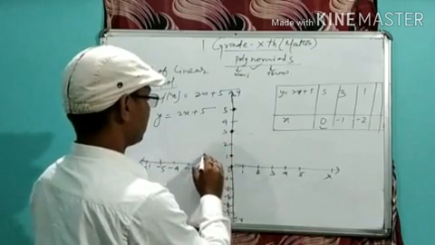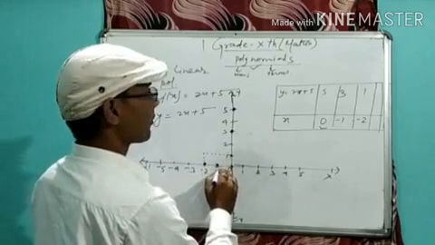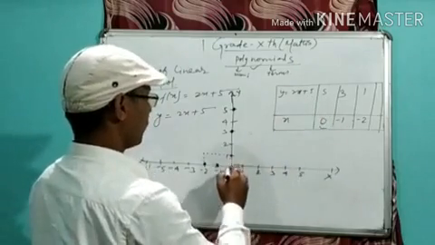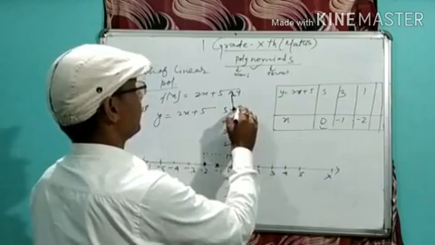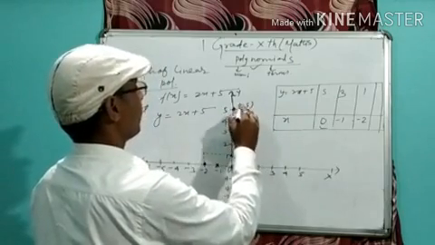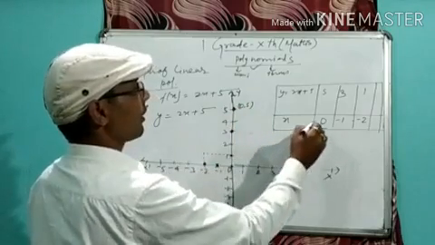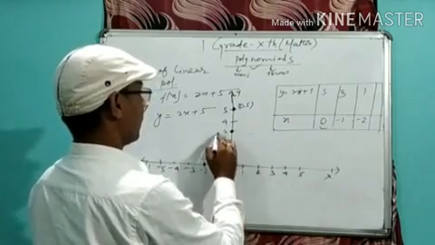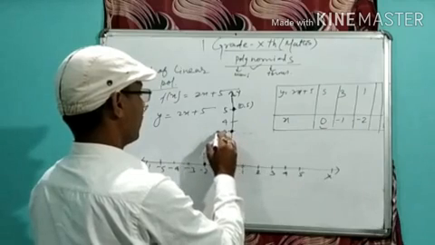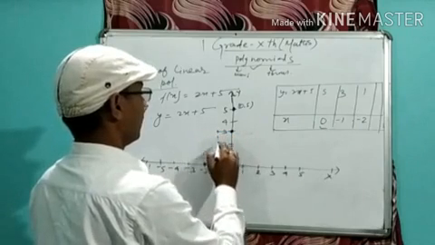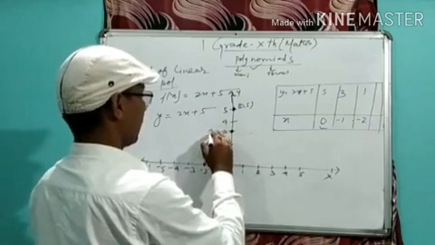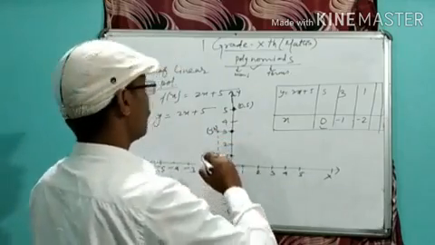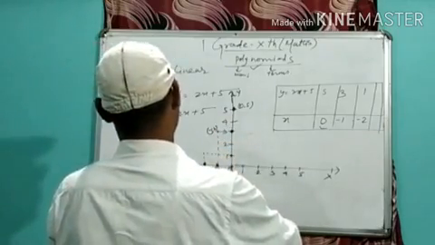Suppose we join these. First 0 and 5, where is 0? Here. Second is minus 1, 3. This is minus 1 and here is 3. Now you have to make a line.